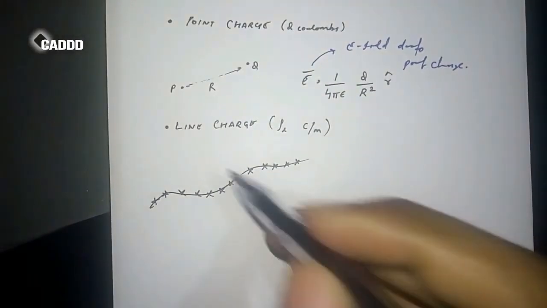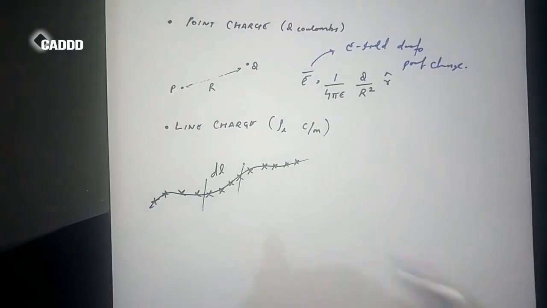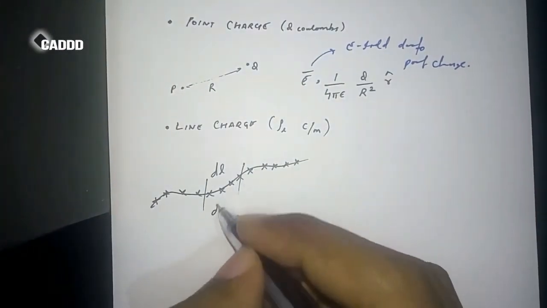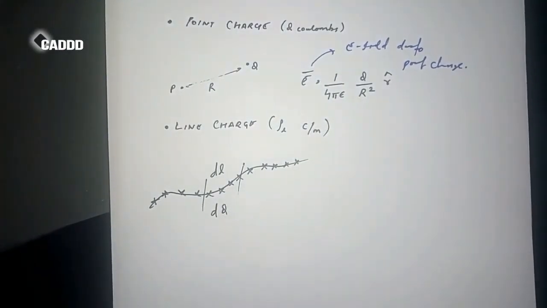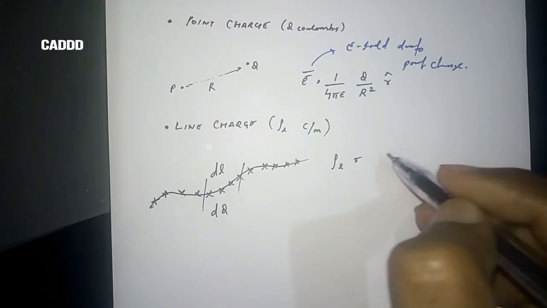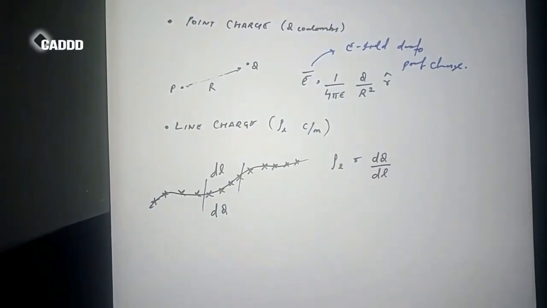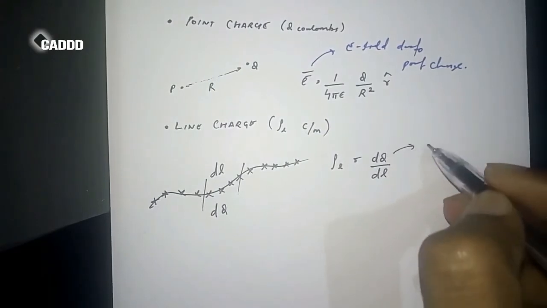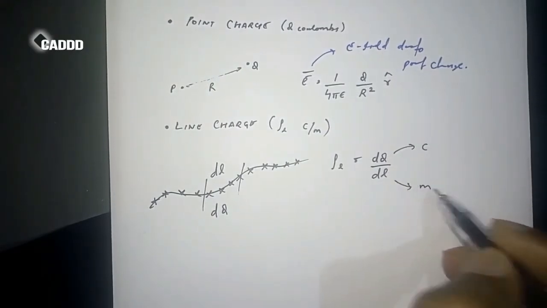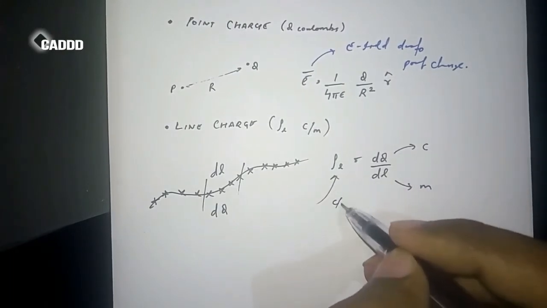Let's take a small length dl, and on this dl we have a charge amount of dq. So rho L, the charge density, is equal to charge per unit length. The unit of this is coulomb and the unit of this is meter, so the unit will be coulombs per meter.